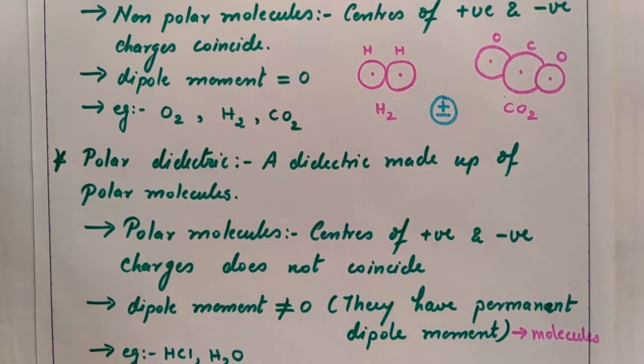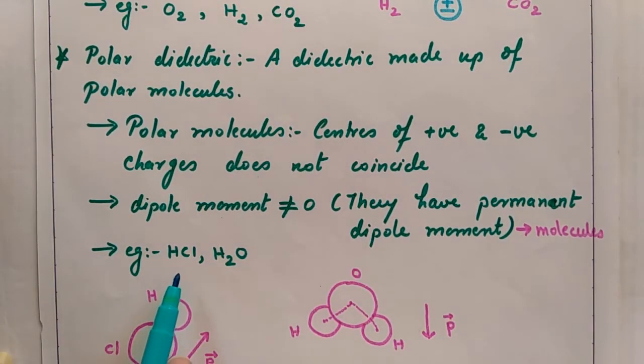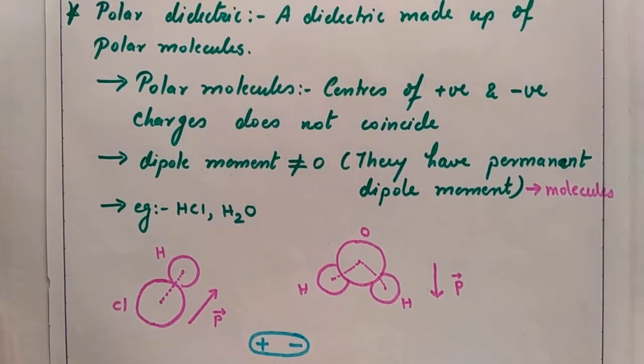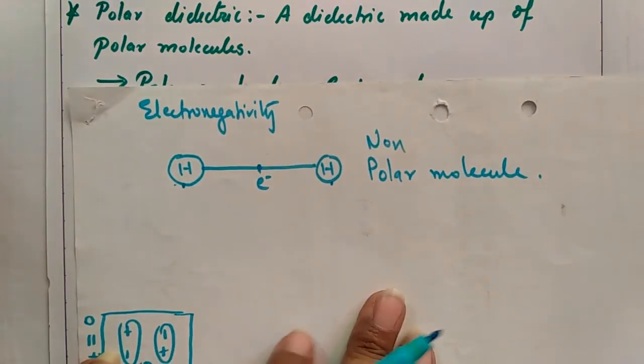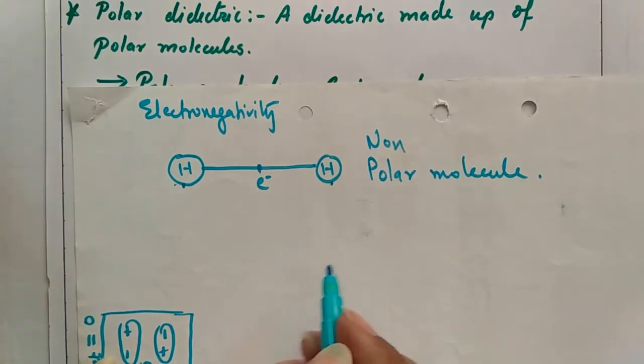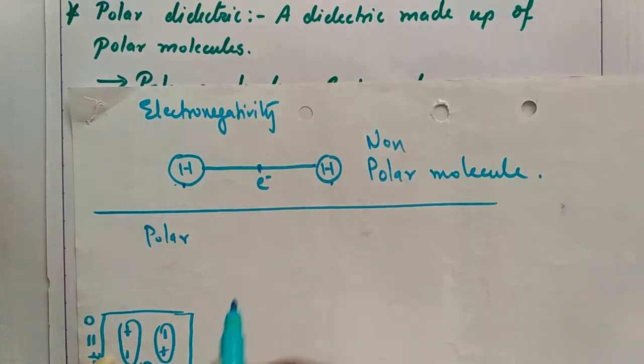Okay, now we'll try to understand polar molecule from the example. Suppose we consider the example of HCl. See here, this H is positive, Cl is negative, and there is distance between H and Cl, and hence this molecule is polar. Again, we'll try to understand this from the concept of electronegativity as we understood non-polar molecule. Okay, our example was HCl.